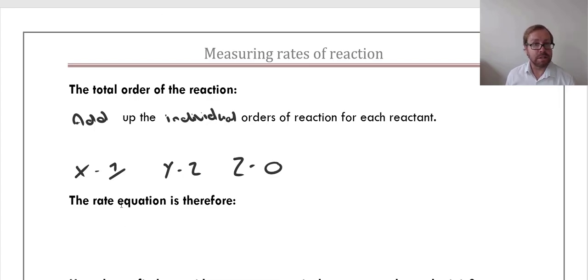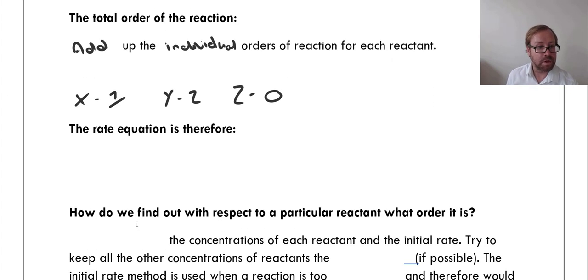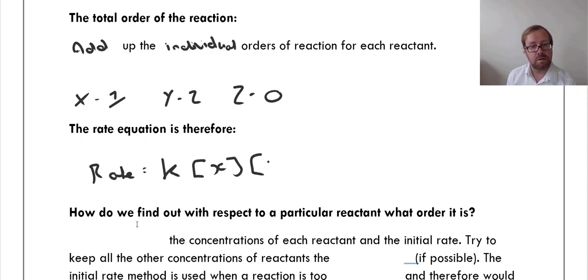So if I was going to put this into a rate equation, my rate would be equal to k, the proportionality constant, times by [X] and [Y] squared. I wouldn't include the Z because that is a zero order reaction.